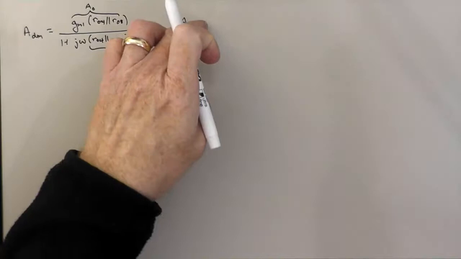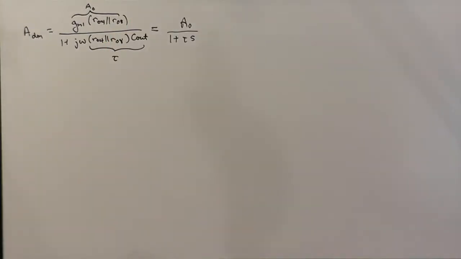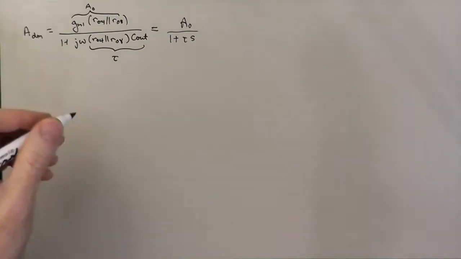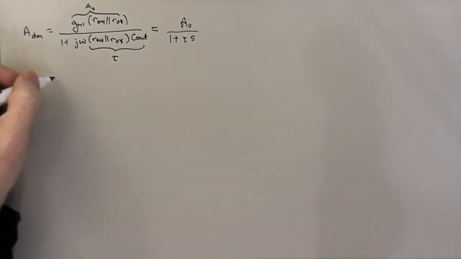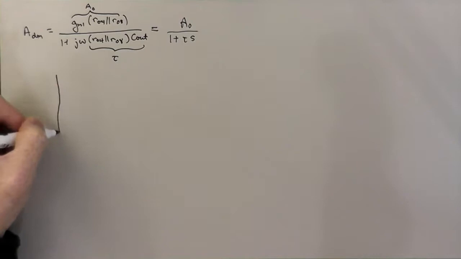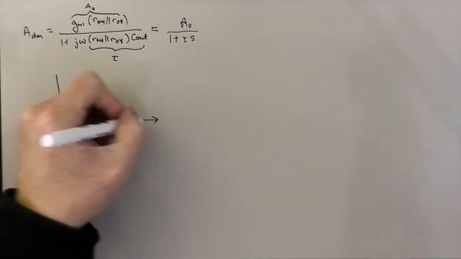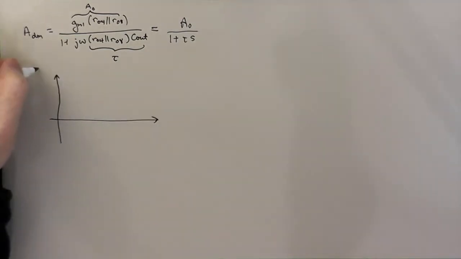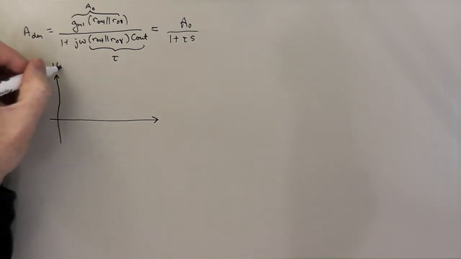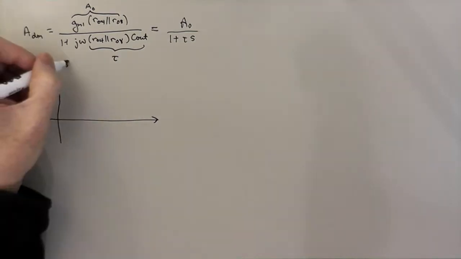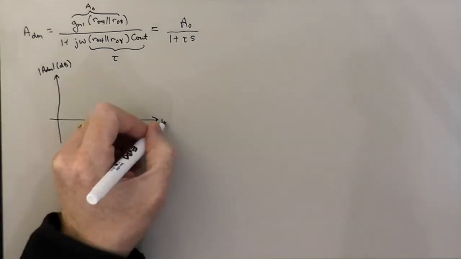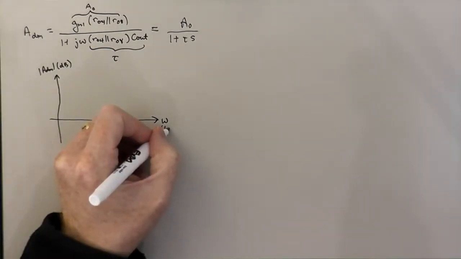And so just to remind you what a Bode plot looks like, we have two plots that we make. One is the magnitude. So it's the magnitude of ADM. It's expressed in decibels typically, versus omega, and this is on a log scale.